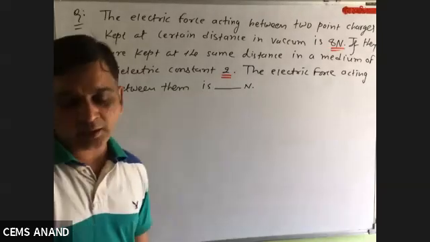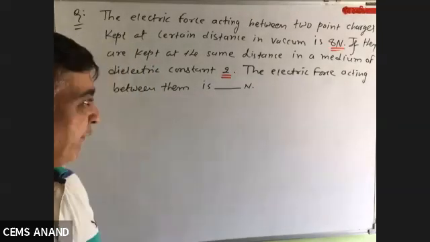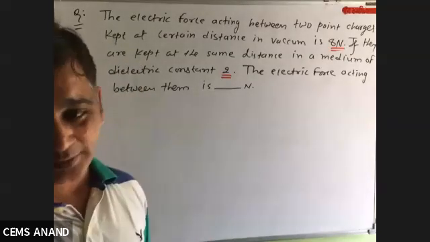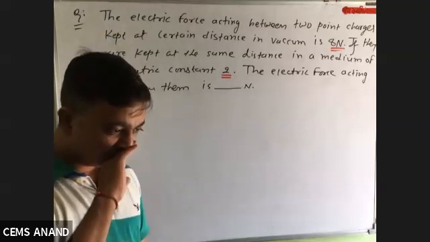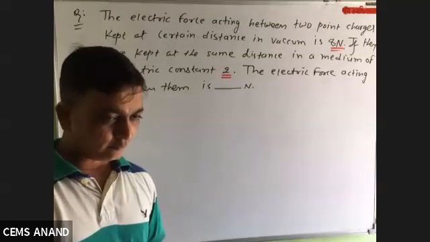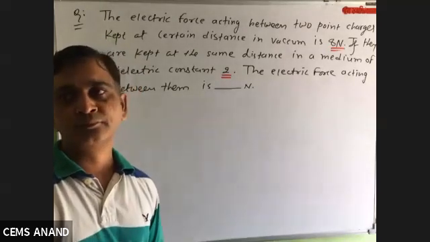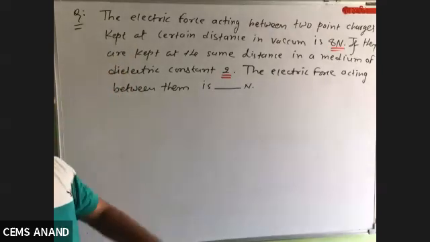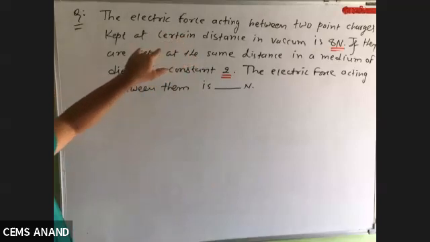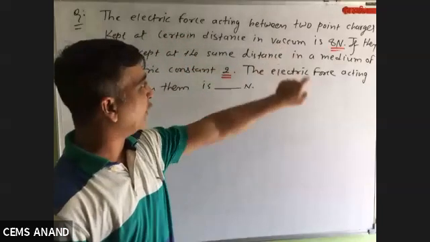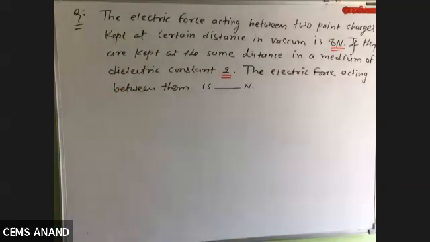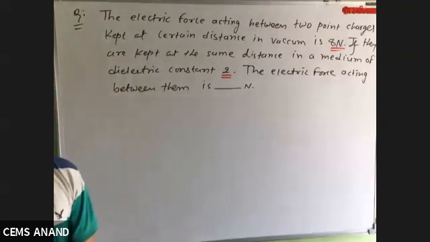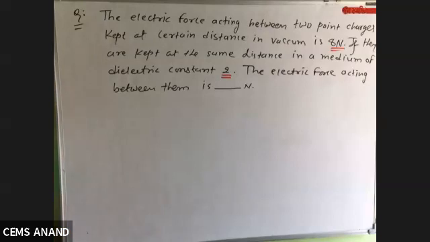You are not allowed to chat, so if anyone got the answer, please raise your hand. Firstly both the charges are kept in vacuum, and then they are kept in a medium with dielectric constant 2.